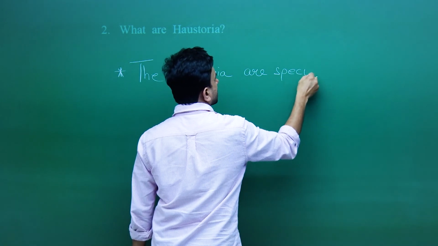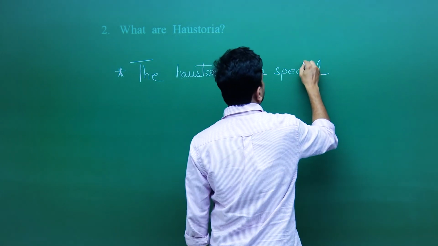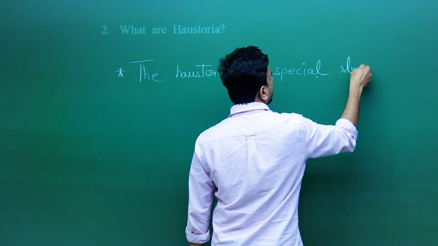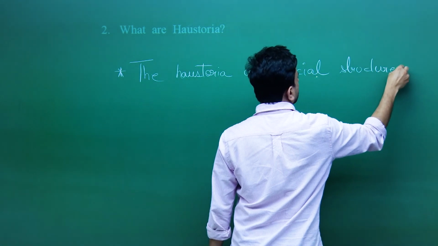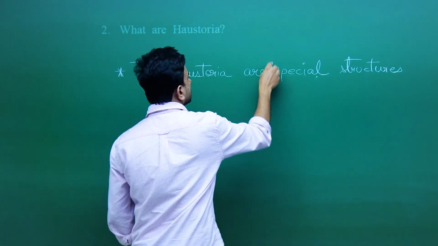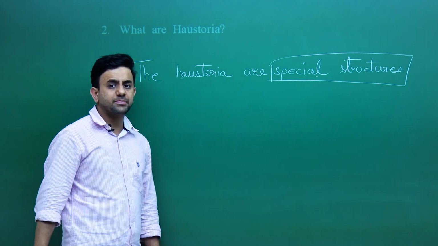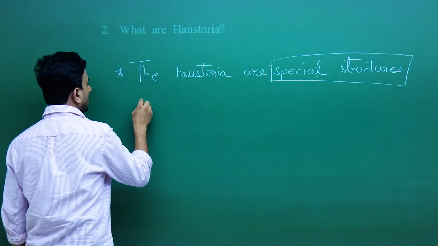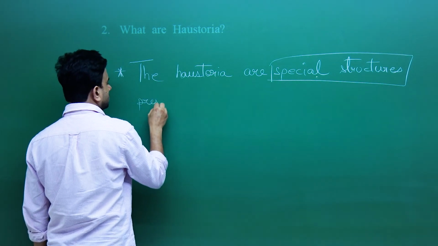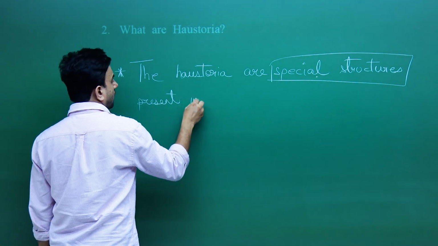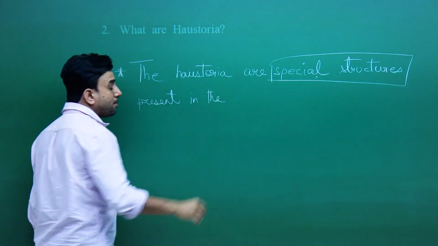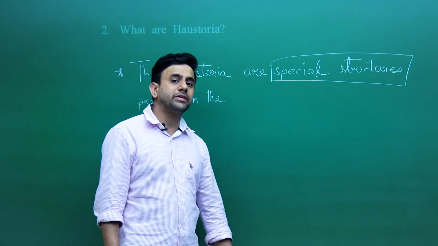The haustoria are special structures present in the parasitic plants. The word parasitic is very important.